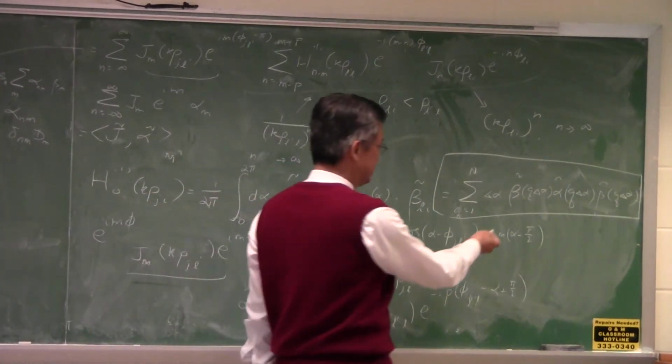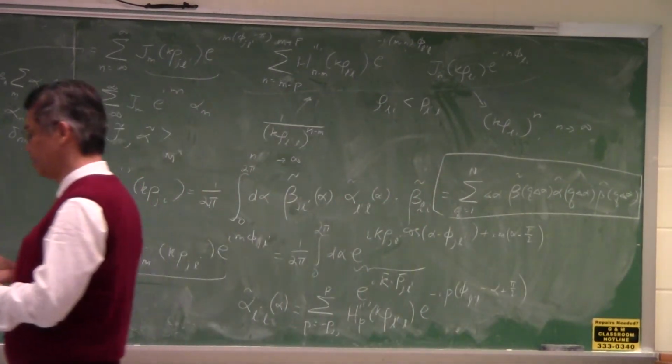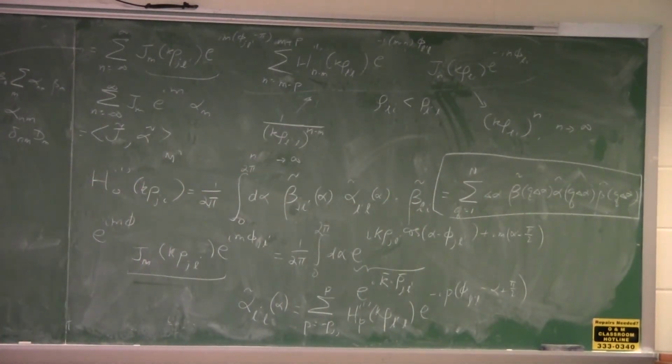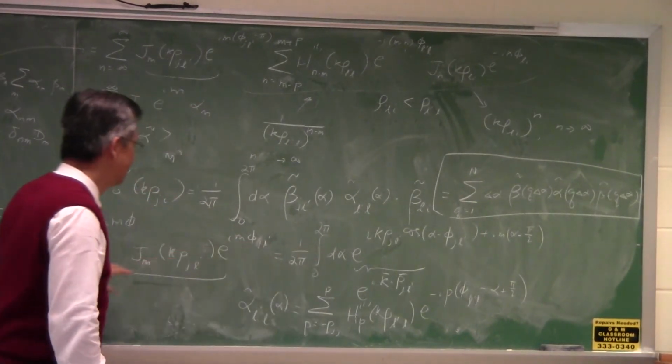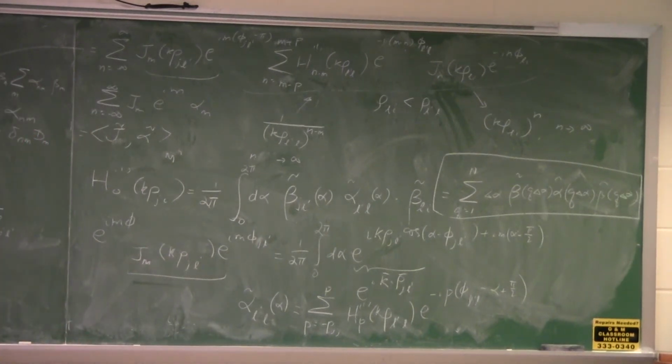I can think of this beta tilde as a common vector. So I can think of beta tilde JL prime as being a similarity transform: if I were to multiply it with beta, I will get back this beta JL prime. I can think of the relationship between this in the coordinate space and this in the Fourier space as just a kind of similarity transform.